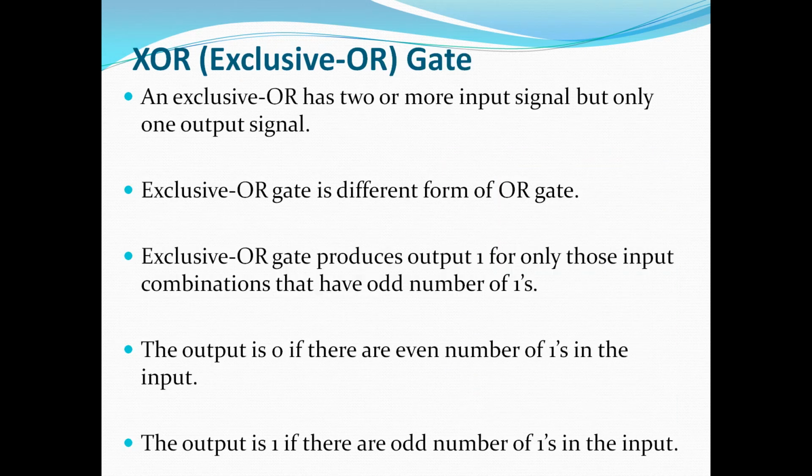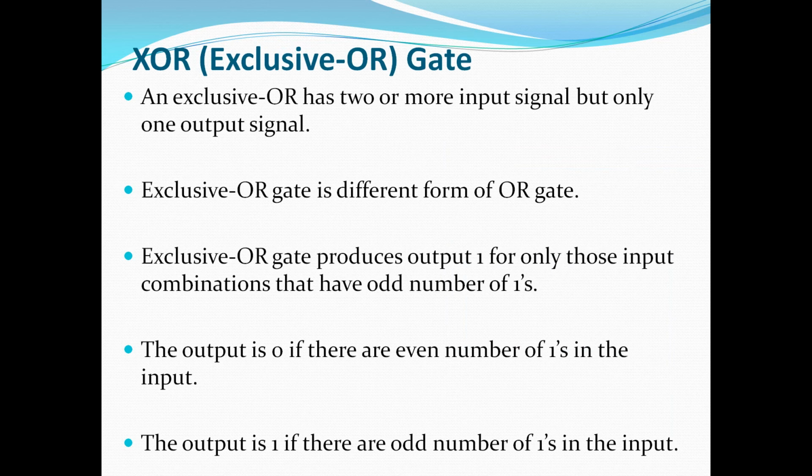The next one is the XOR gate. The Exclusive OR gate takes two or more input signals and produces only one output signal. The XOR gate is different from the OR gate.